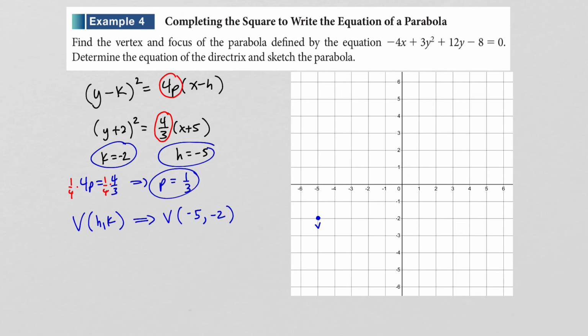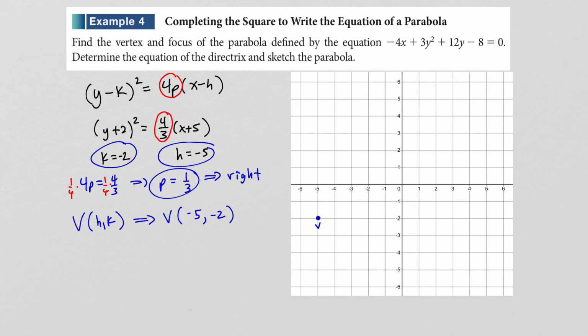And now we need to determine where is the focus and where is the directrix. So for that, we need to know which way the parabola opens. Well, p is positive, and it is a y-squared graph. Y-squared graphs open to either the right or the left. But since p is positive, this must mean that it opens to the right. So our parabola is going to open something like this.